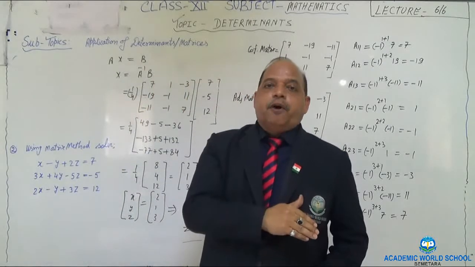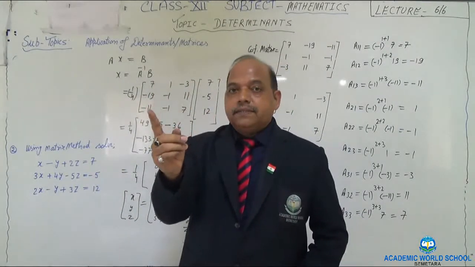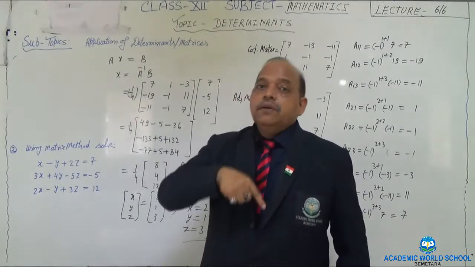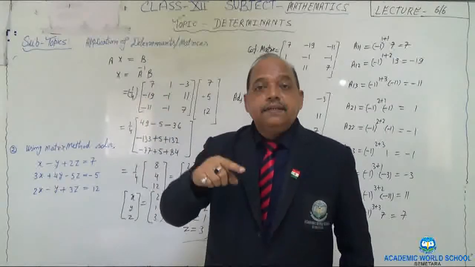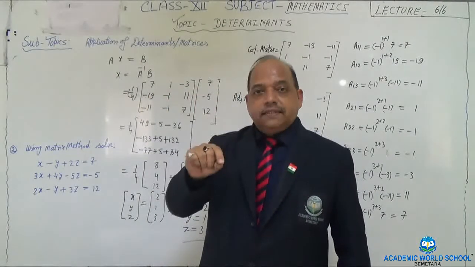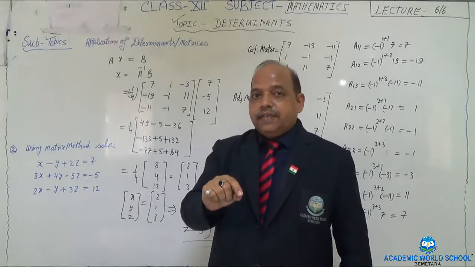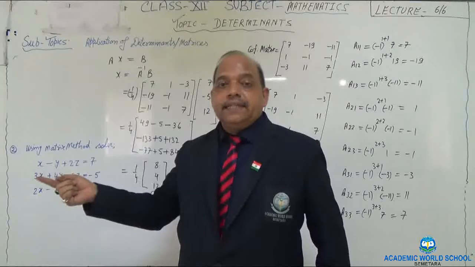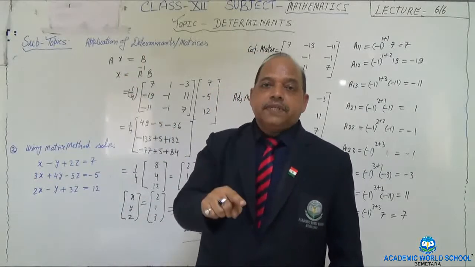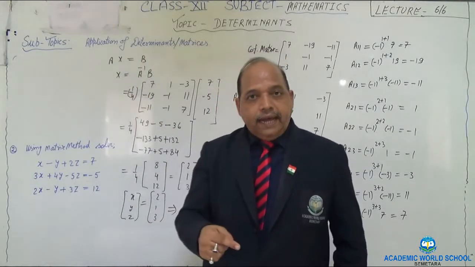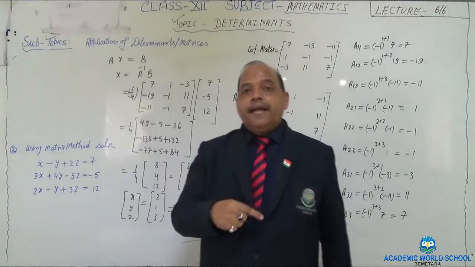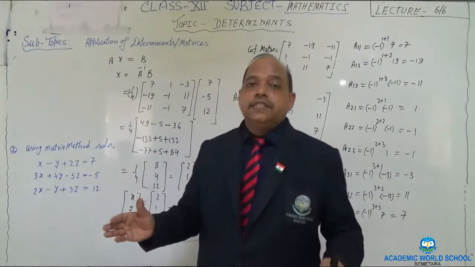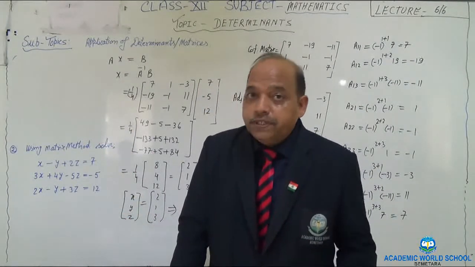First write the determinant corresponding to the coefficient matrix. See that the value of the determinant is non-zero. If it is non-zero, it means your coefficient matrix is non-singular, which means its inverse will exist. Once you are sure its inverse will exist, find the cofactors, prepare the cofactors matrix, and then take the transpose of that, which represents the adjoint. Once you have got the adjoint, divide by the value of the corresponding determinant. That represents A inverse, the inverse of the coefficient matrix.